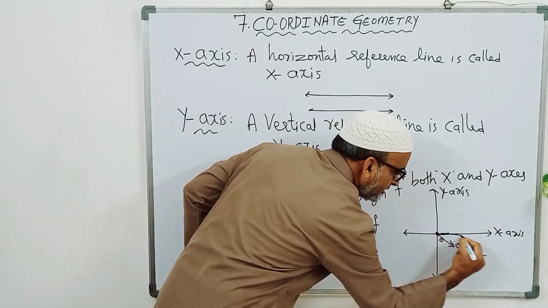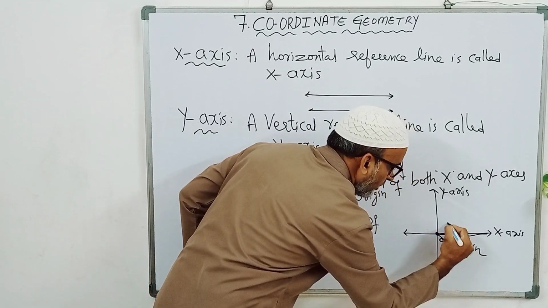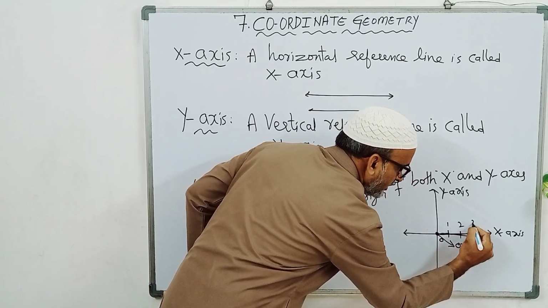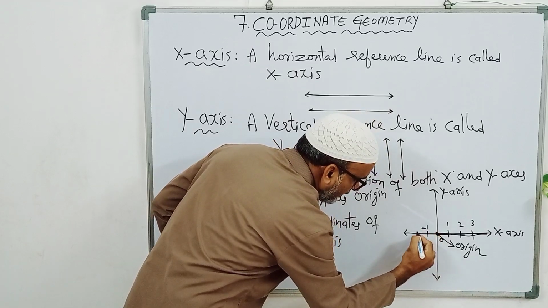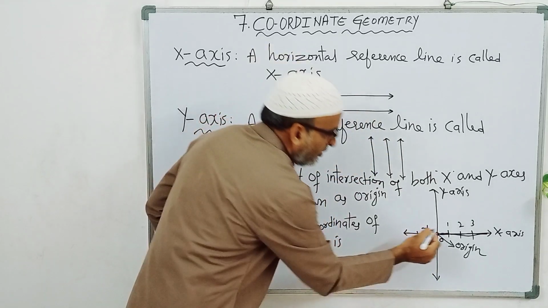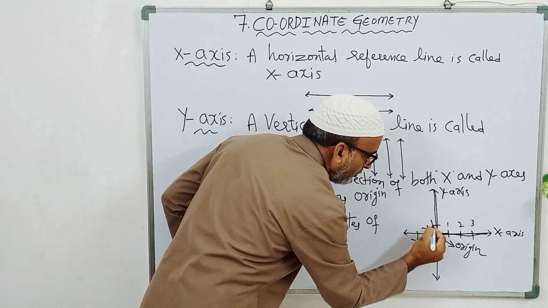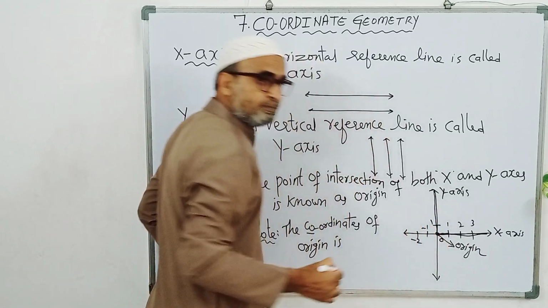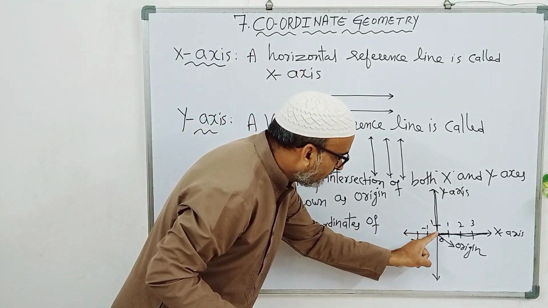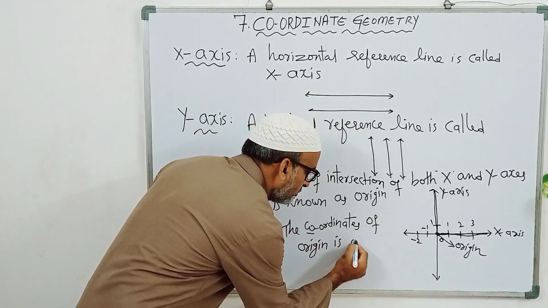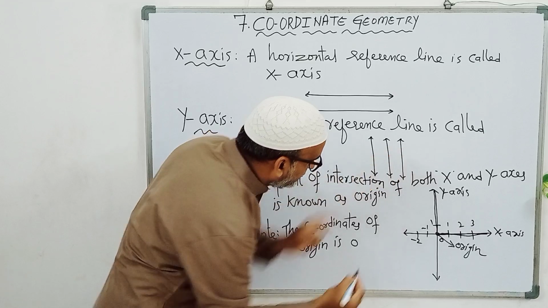After you go like this, it will be increasing, means 1, 2, 3. If you go this side, -1, -2 like that. Y also will start from here and go like this, means here 1. The starting point of x-axis is 0. The starting point of y-axis is also 0.